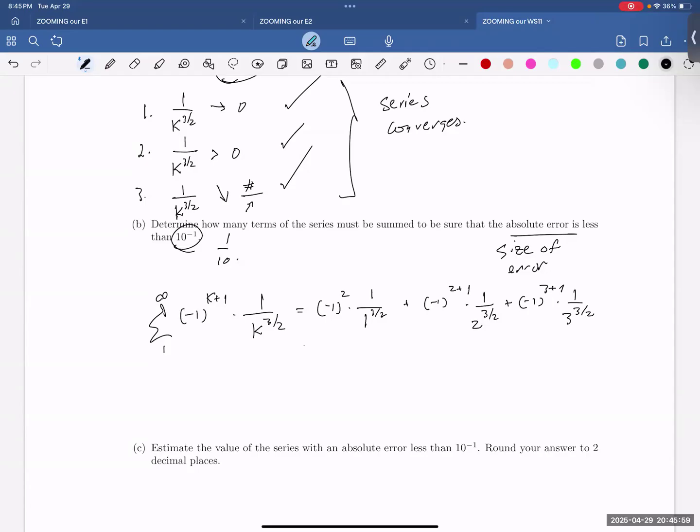And then let's just see where we're at. So this is 1, the first term, minus 1 over root 8, minus, no, plus 1 over root 27.